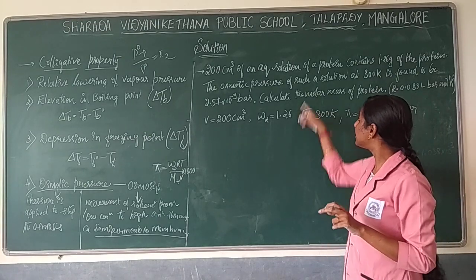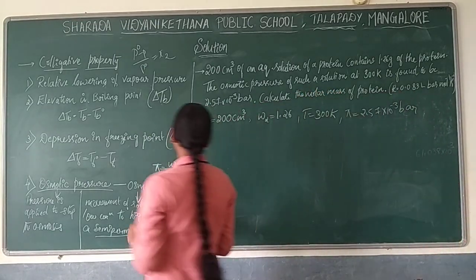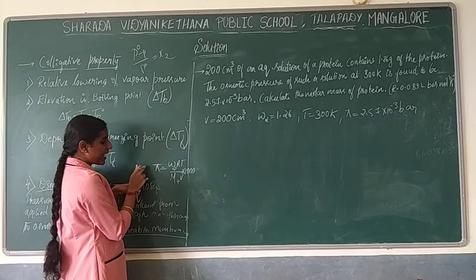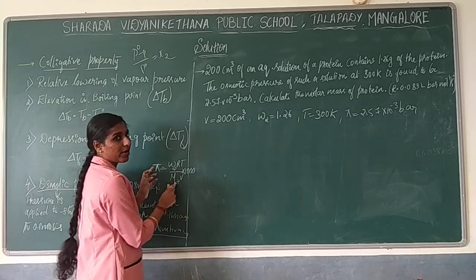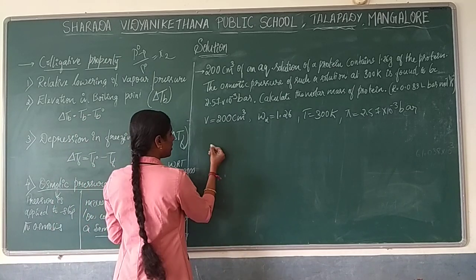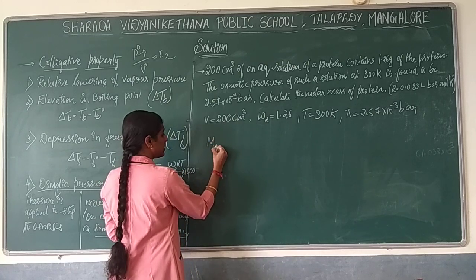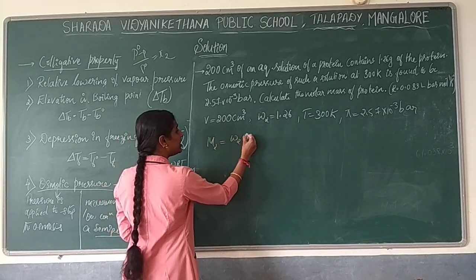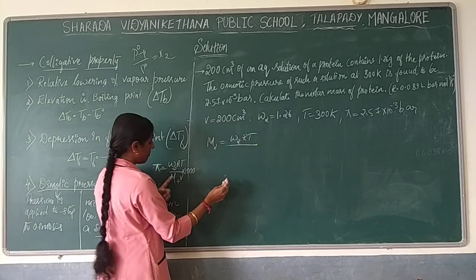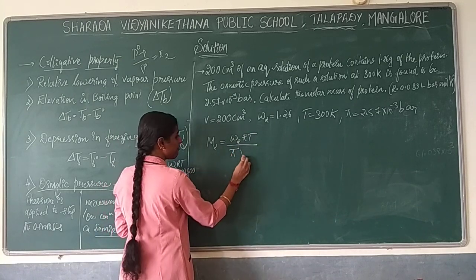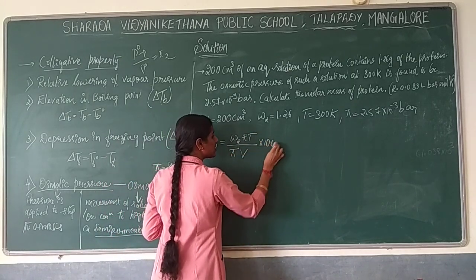Now we are supposed to find out the molar mass, in the sense M2. M2 you take to this side, pi you take here. So M2 is equal to W2 into RT divided by pi V into 1000.